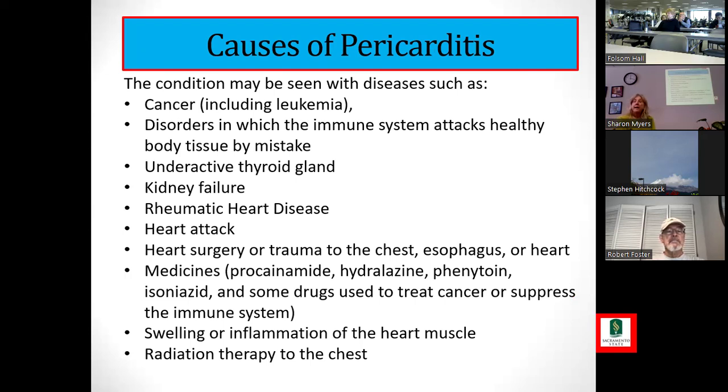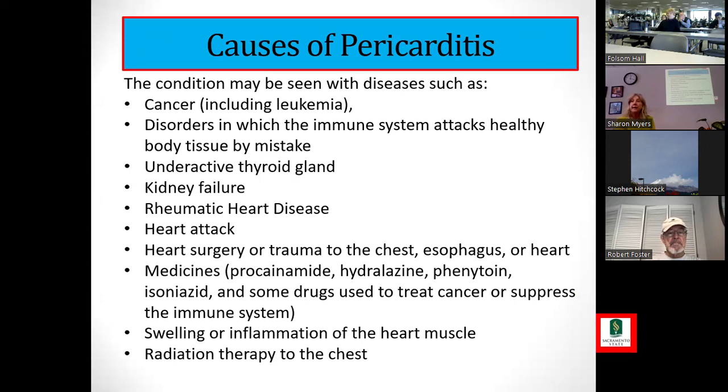It can be caused by cancer, anything that really causes an inflammatory state in your body can cause pericarditis. Any disorder which attacks your immune system can cause you to attack healthy muscle as well. That can happen in thyroid disease, kidney failure, and is more common in rheumatic heart disease.